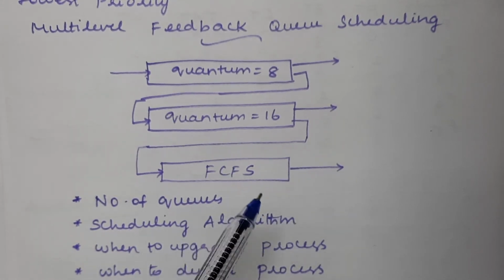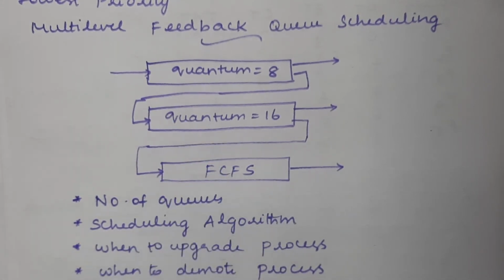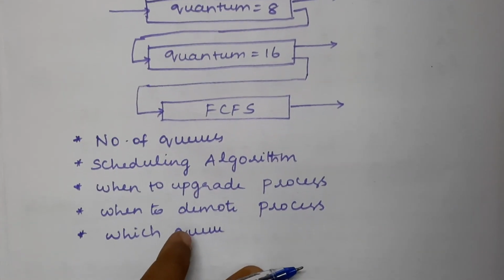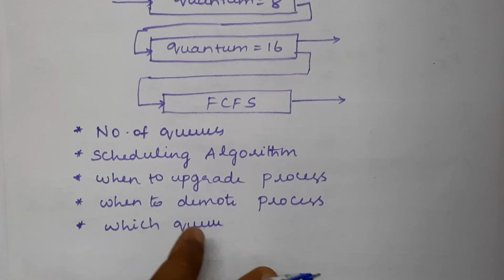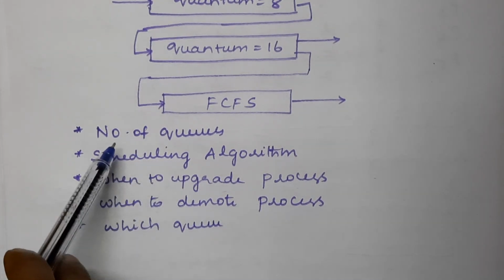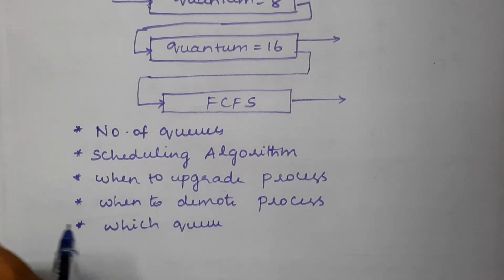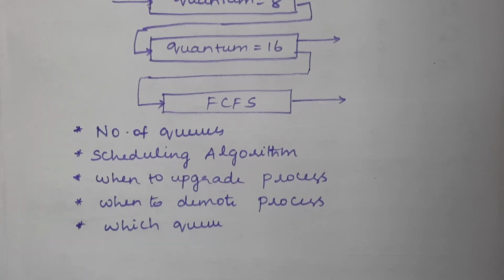Okay, now if you want to follow this kind of scheduling, then you need to maintain some parameters. So what are the parameters of this type of scheduling algorithm? First one is the number of queues. How many queues do you have? Based on the type of the process, or based on some other features also, we can maintain different levels of queues.